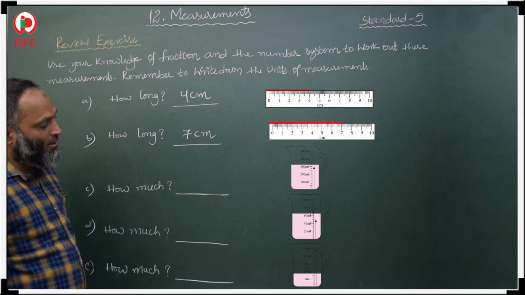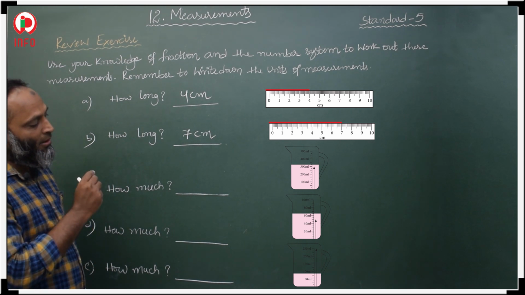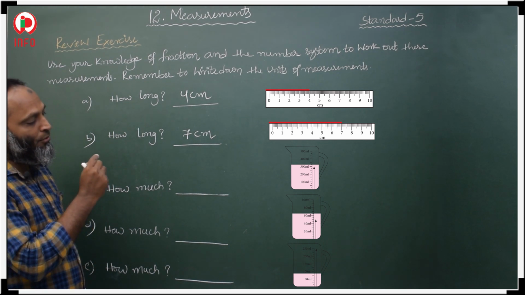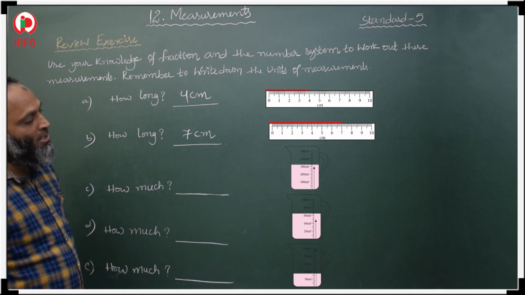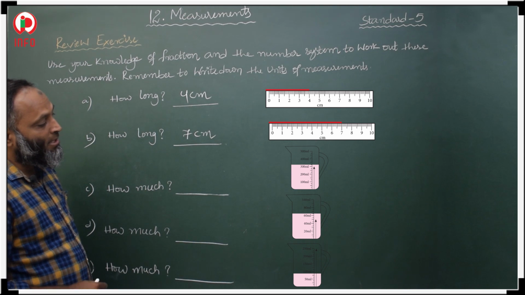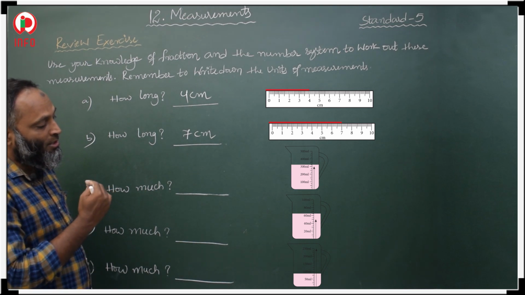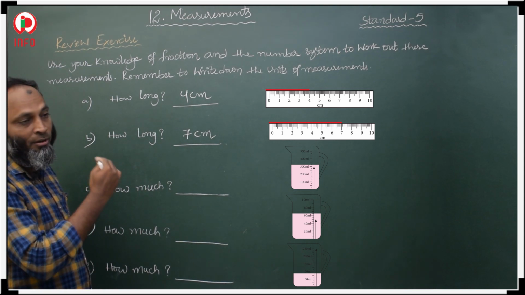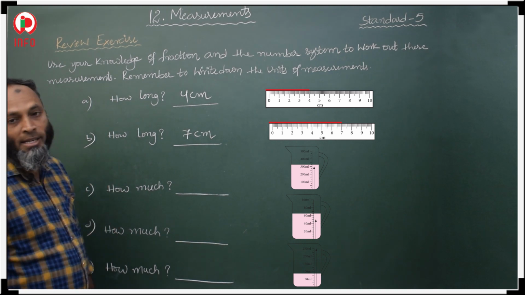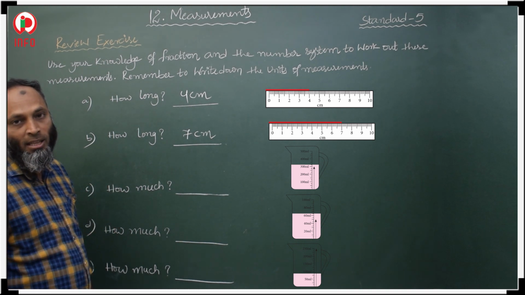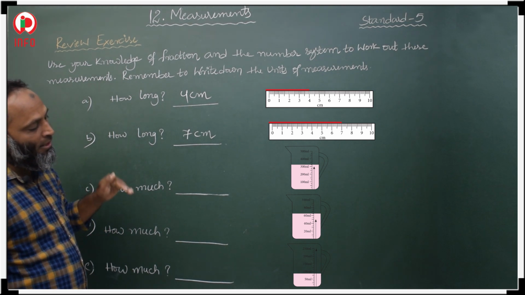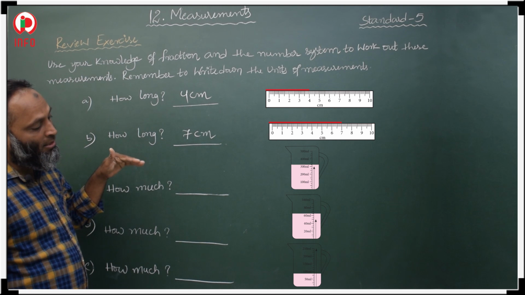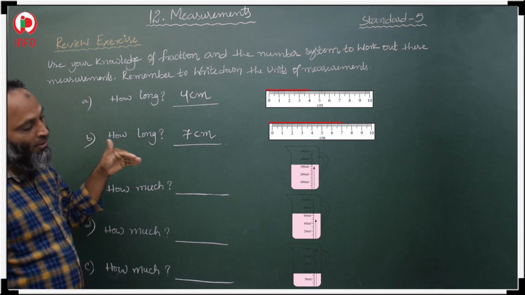There are 100, 200, 300, 400, 500, 600 marked. Between 0 and 100, 100 and 200, 200 and 300, there are 4 lines. See here, after 300, the liquid is above one small line.